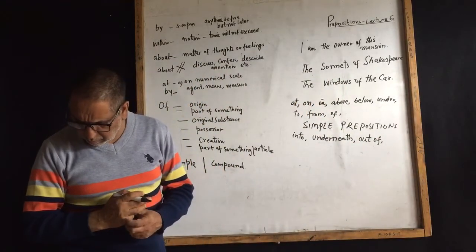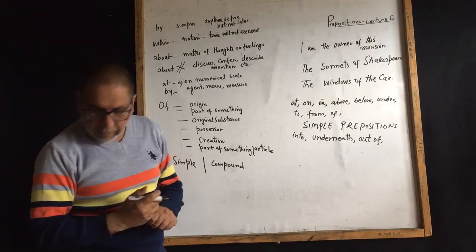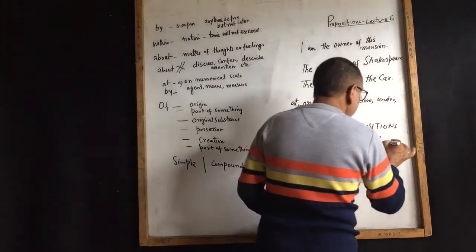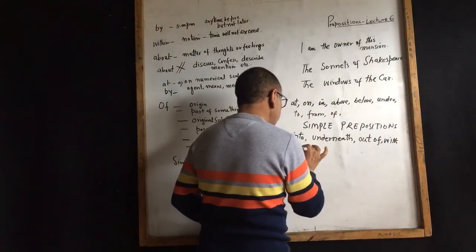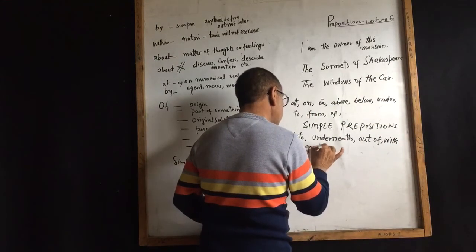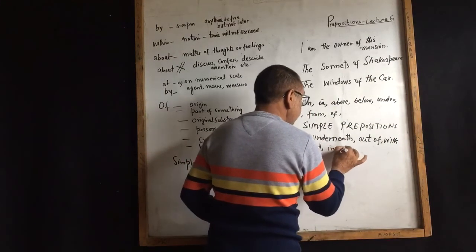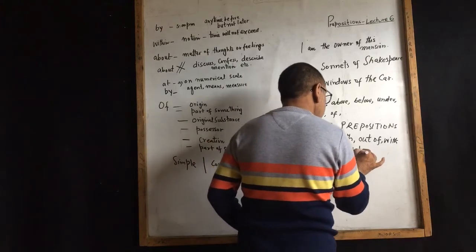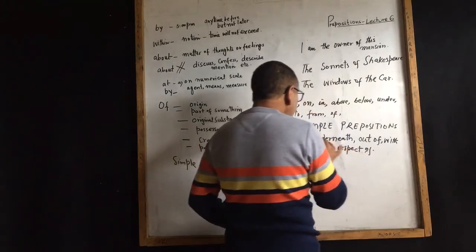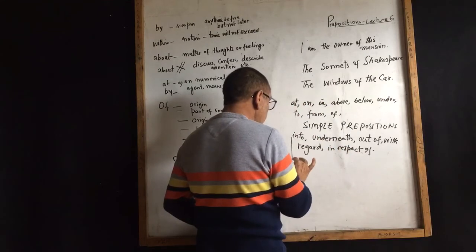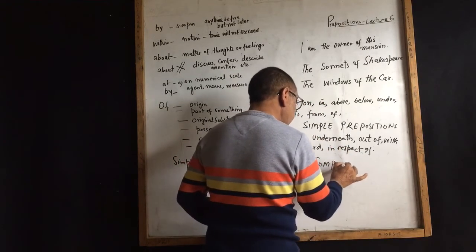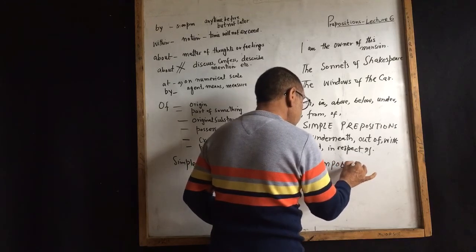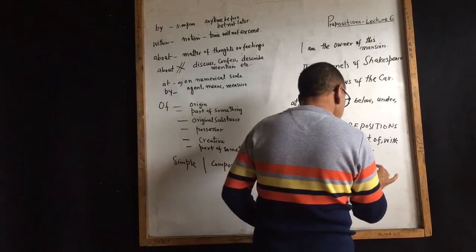We say out of, underneath, we say in respect of, with regard, in respect of. So these types of prepositions are known as compound prepositions.